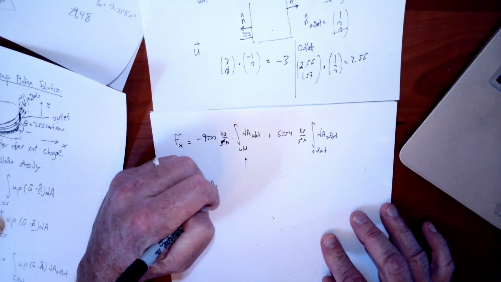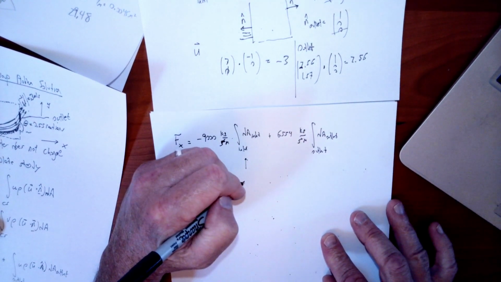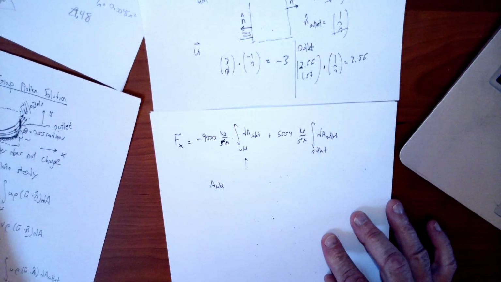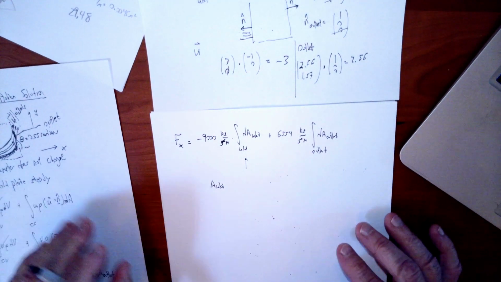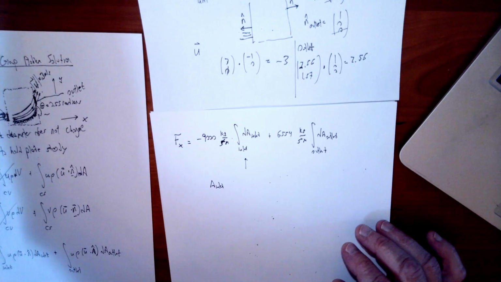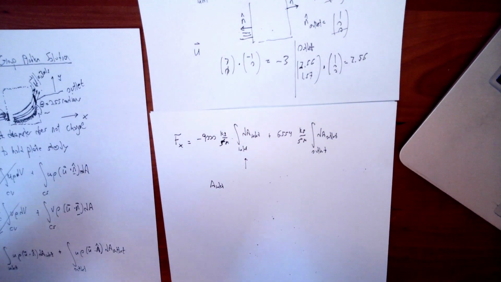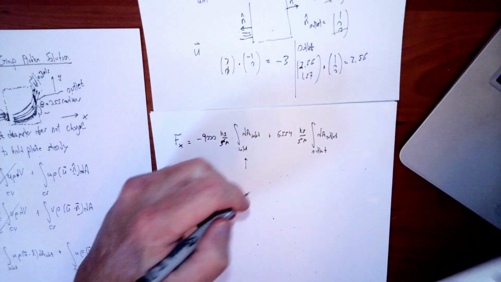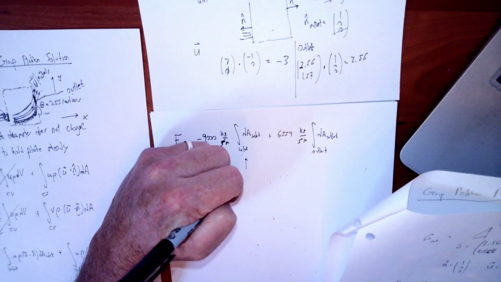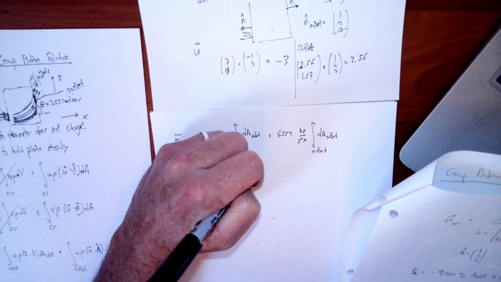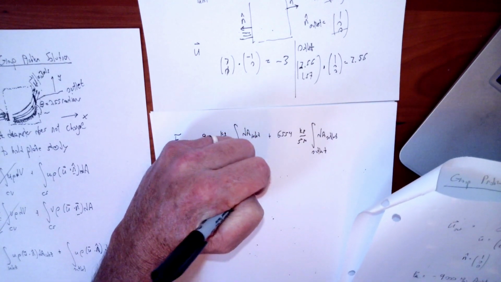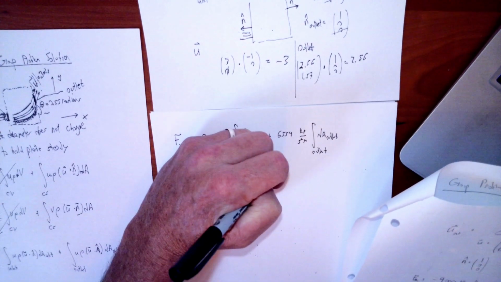The area of the inlet is pretty easy because we were told the diameter of the jet. The diameter of the jet is equal to 7 centimeters. So area inlet equals, I'll put down here, D jet equals 7 centimeters.